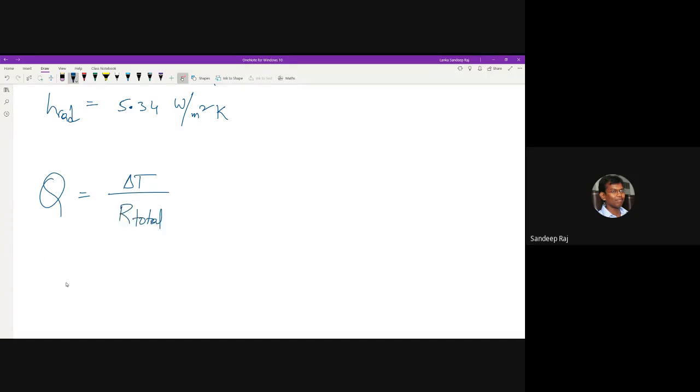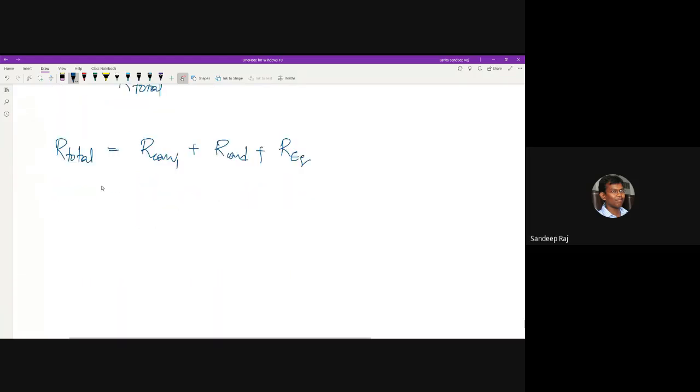So that's how we get the Q value. But if you want R total, the R total will be the sum of R convection 1 plus R conduction plus R equivalent, because the resistance of radiation and convection 2 are in parallel.